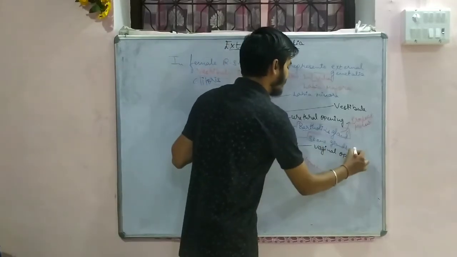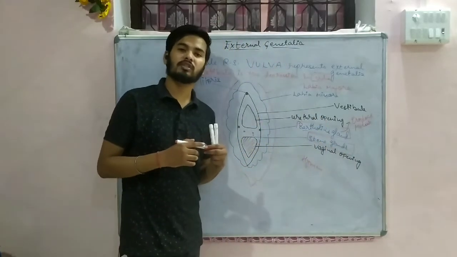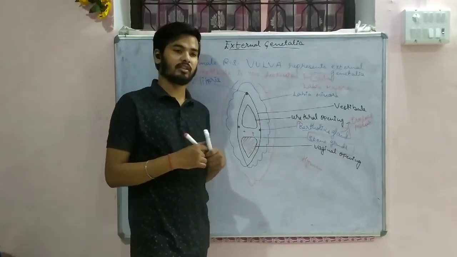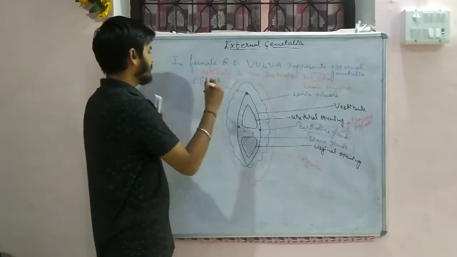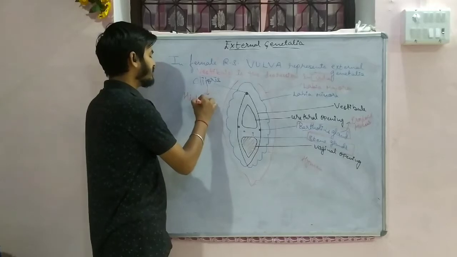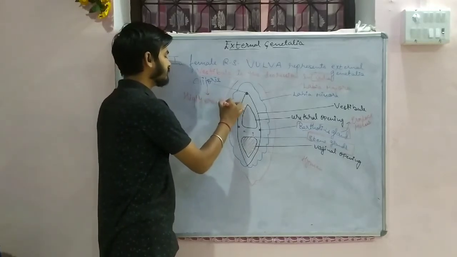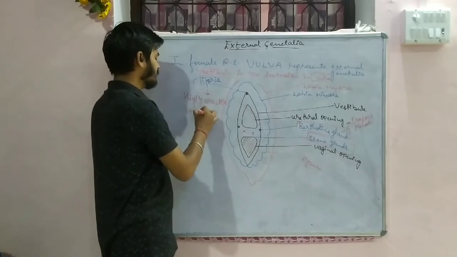Similarly, the Skene glands are similar to the prostate gland of the male reproductive system. And this clitoris is made up of highly erectile connective tissue.